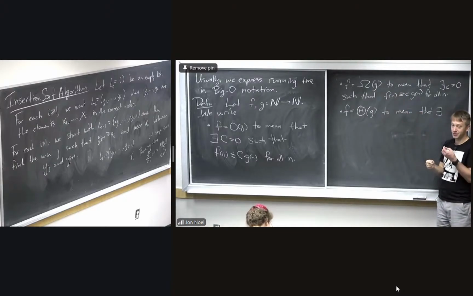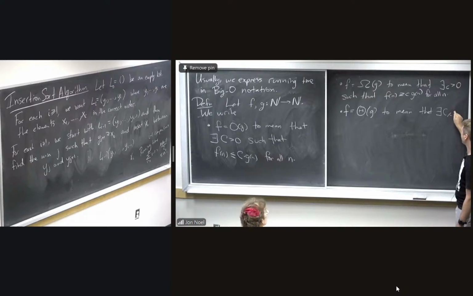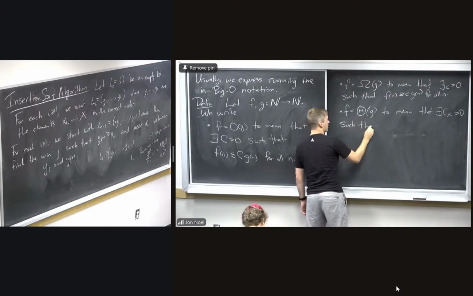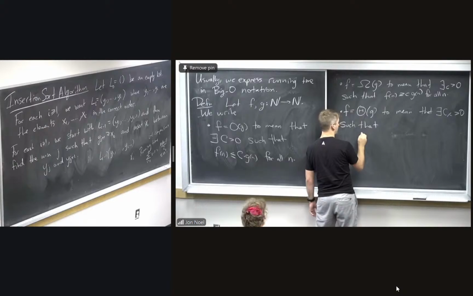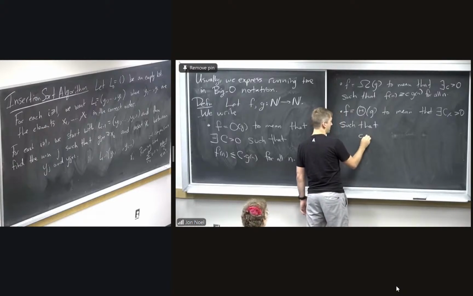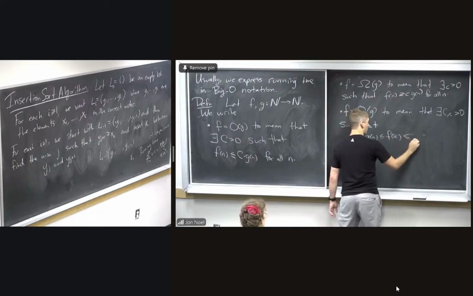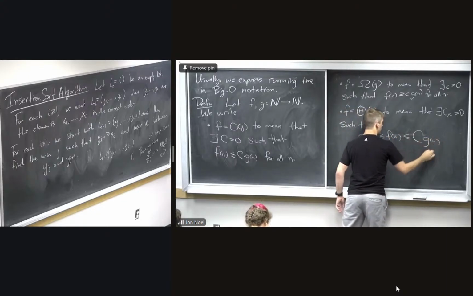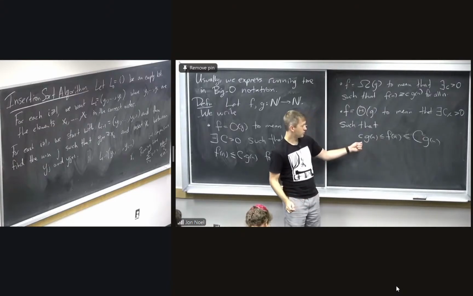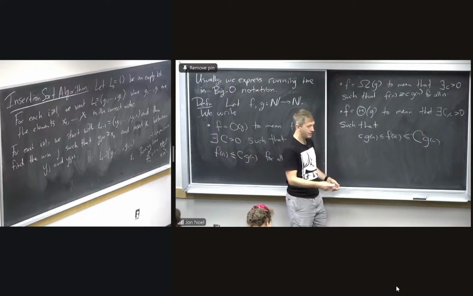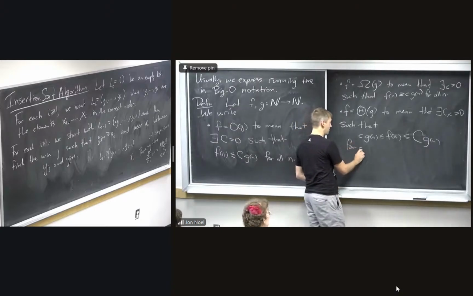So there exist two constants, big C and little c, both of them positive, such that f of n is sandwiched between little c times g of n and big C times g of n for all n.